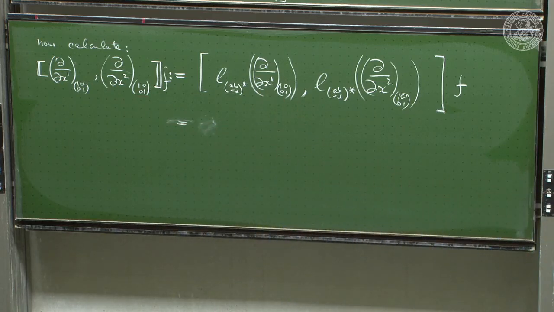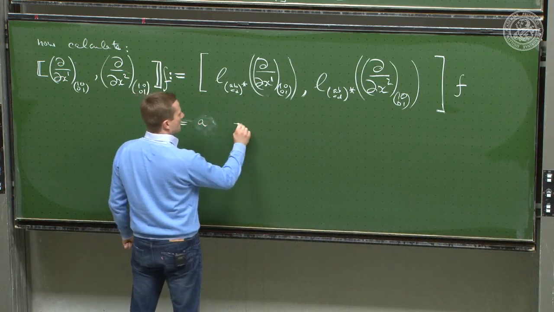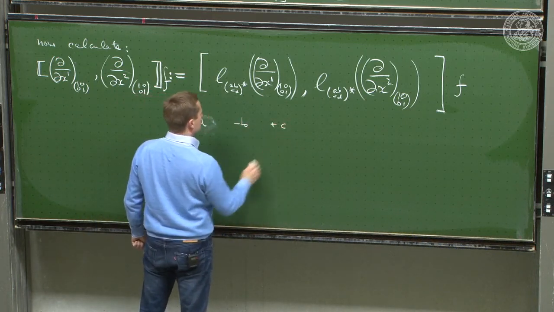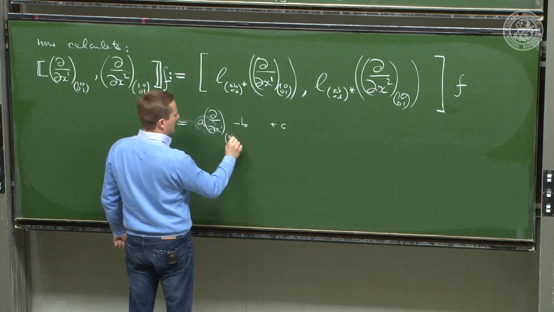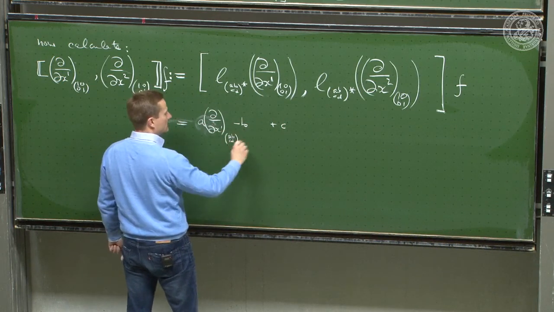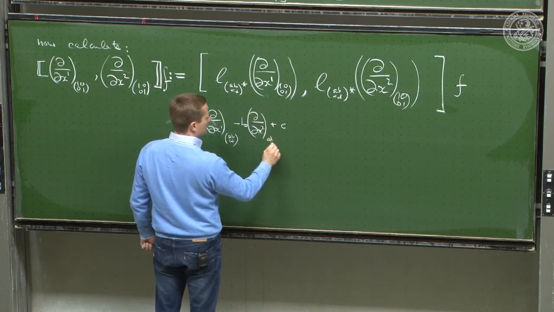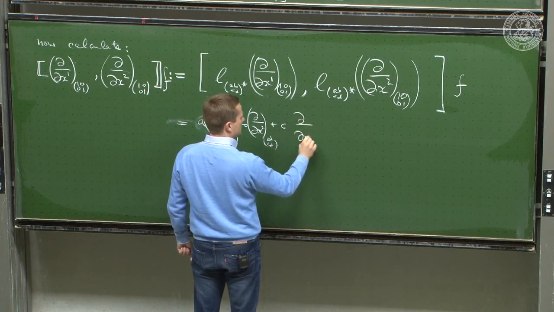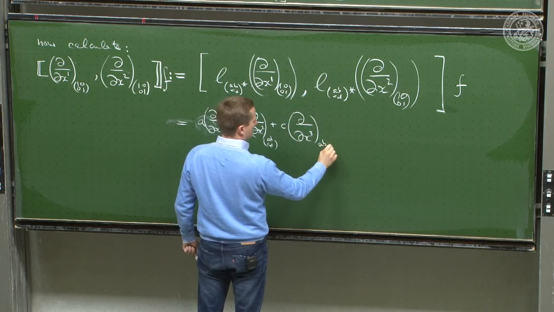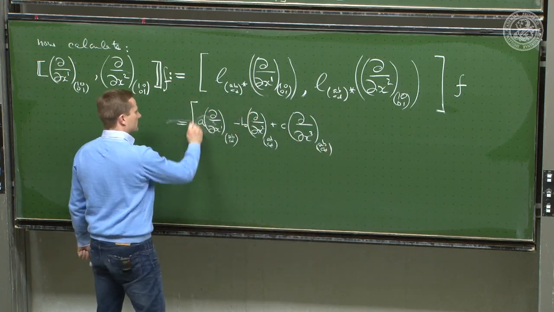This is A minus B plus C, d by dx1, but now at (A,B,C,D), and these are related, these (A,B,C,D)s, d by dx2 at (A,B,C,D). And this is C times d by dx3 at (A,B,C,D) at these points. That's the first vector field.